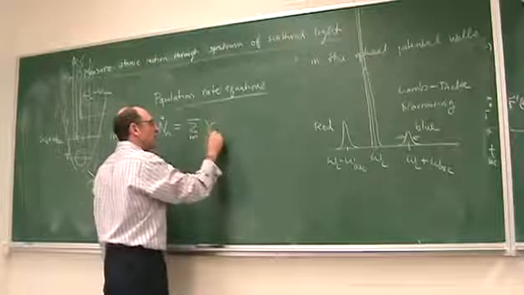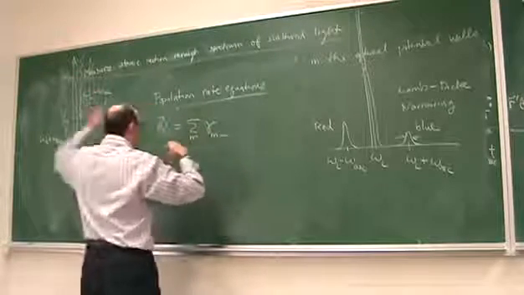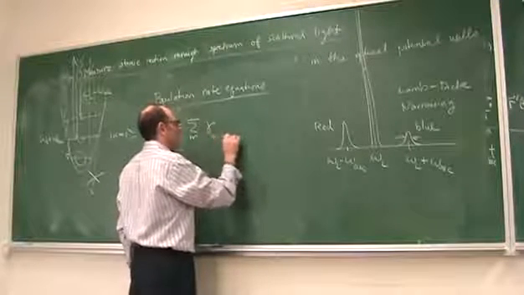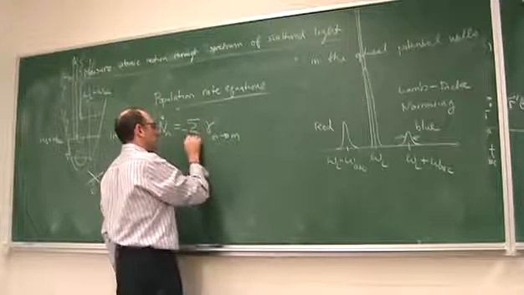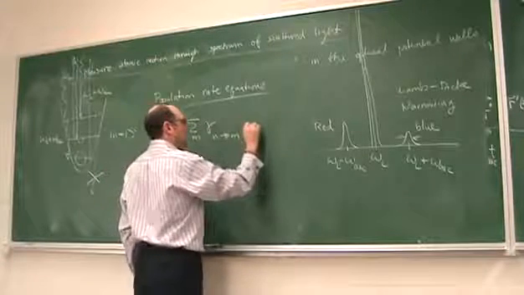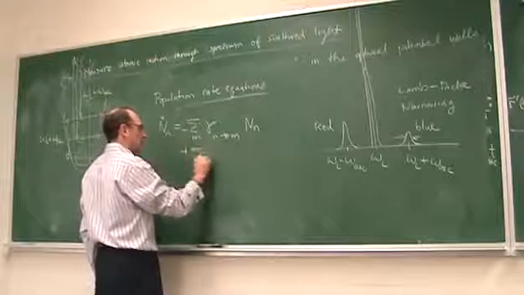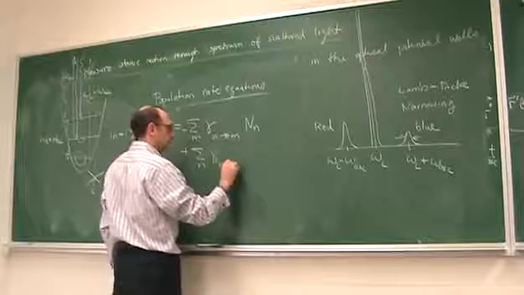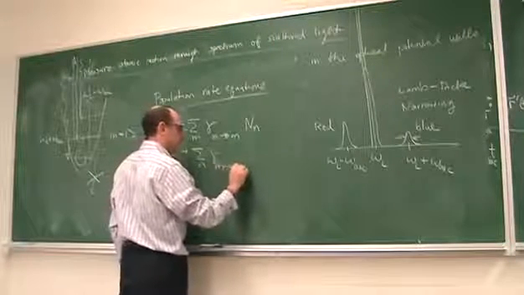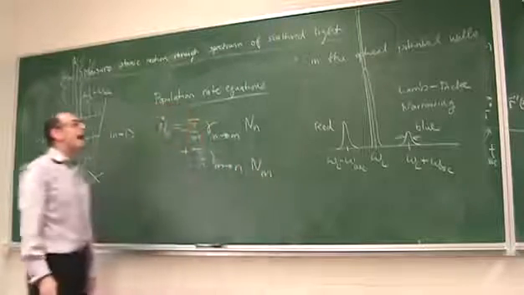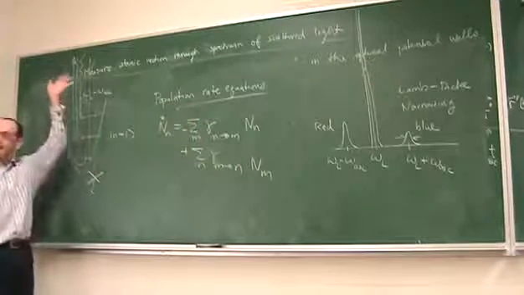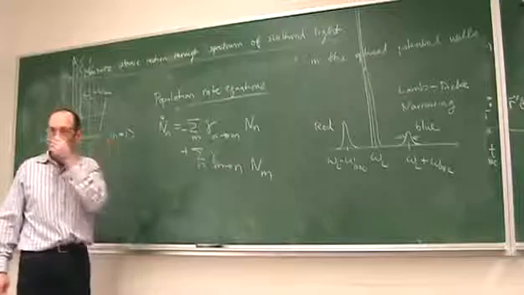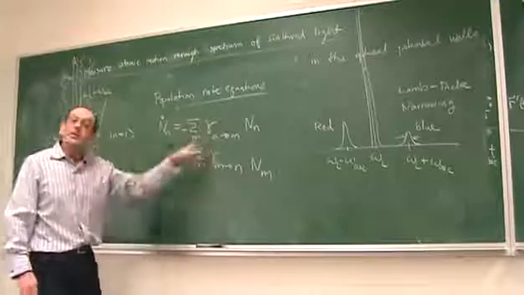There's some transition rate due to this absorption and emission, the scattering of photons, which is some balance of stuff leaving that level, going to some other level, and stuff feeding in from the other levels. Okay? We'll come back in a moment.